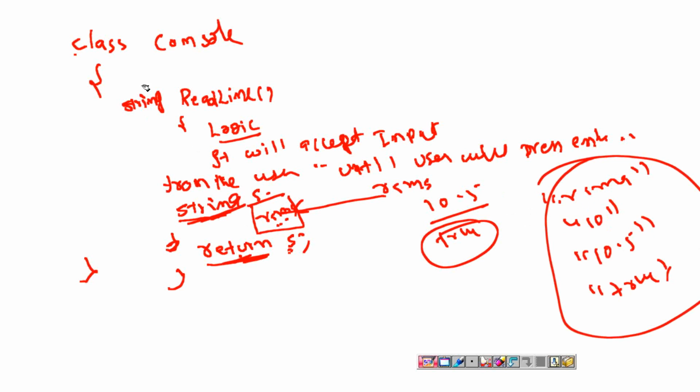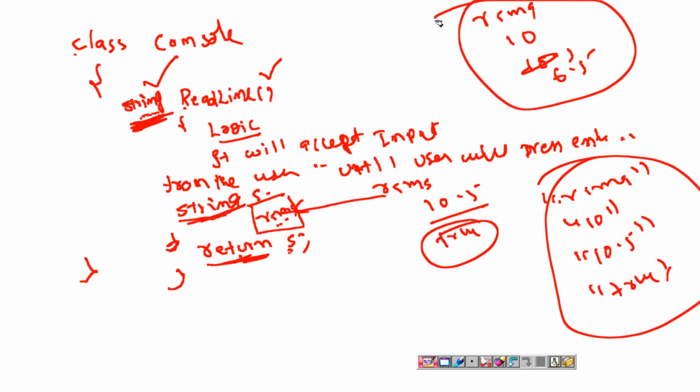Now the method return type they have given as string. Here the question is, why has Microsoft given the method return type as string? Because the user may enter Rama, the user may enter 10 as age, the user may enter his height 6.5, or the user may enter true or false.